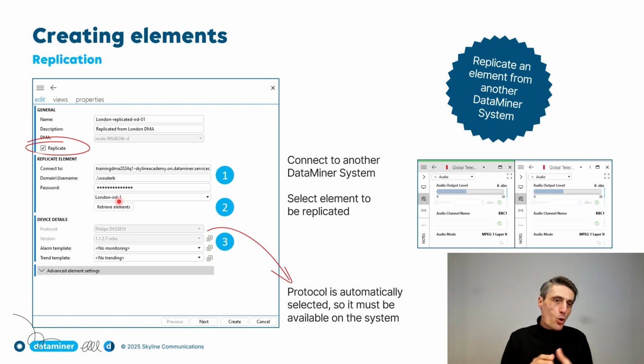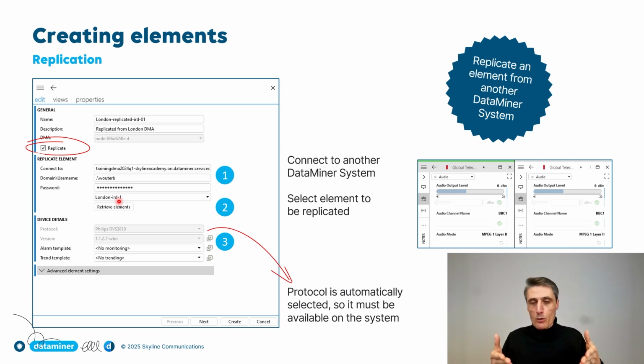So this is more a special situation where you have multiple DataMiner systems, and you want this specific element to be present in more than one DataMiner system. If you have two DataMiner systems, you could say like, yeah, just add it on both systems. Indeed, you could do that.